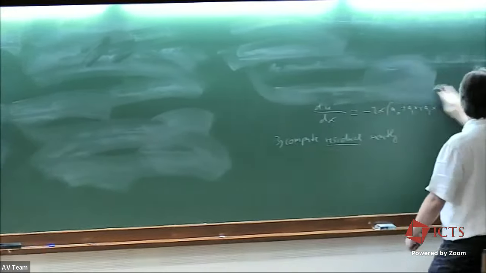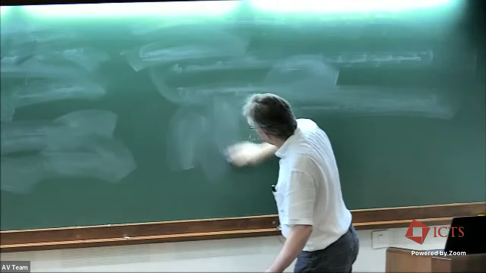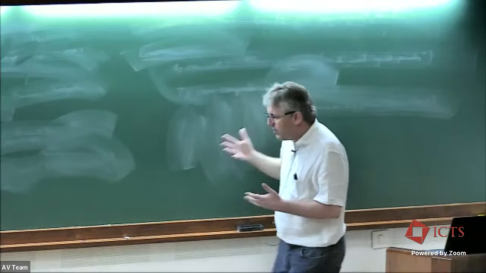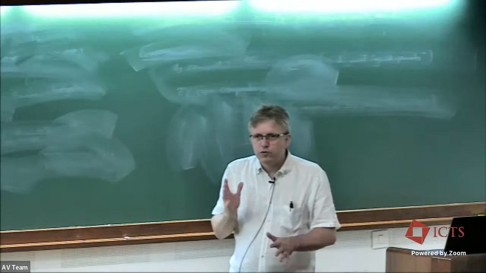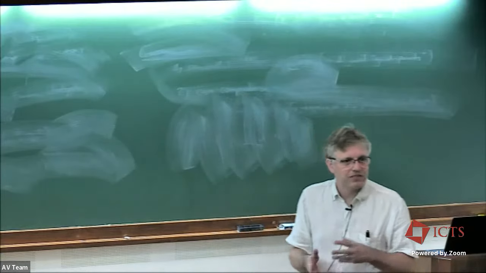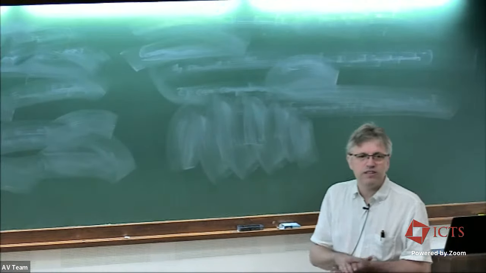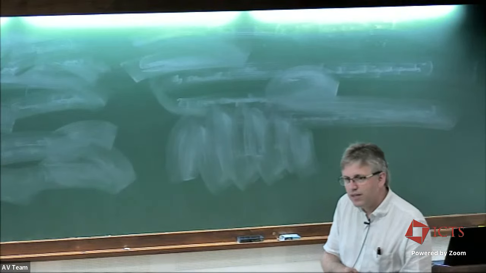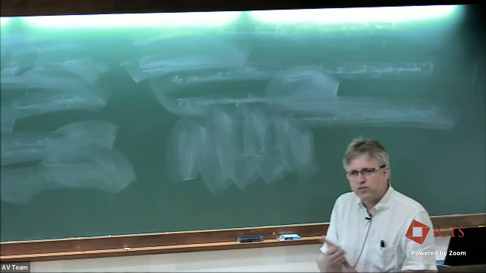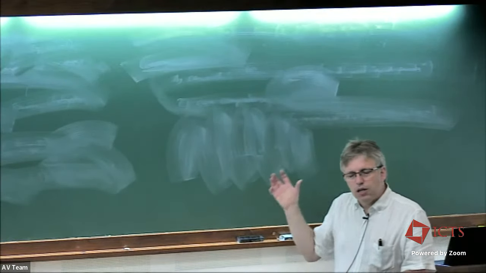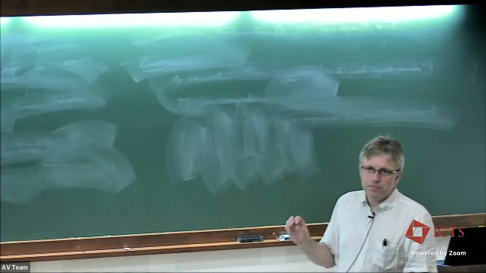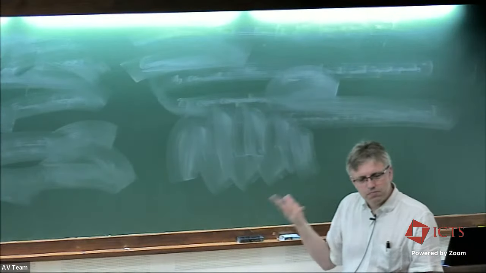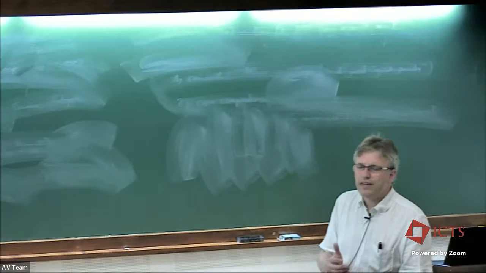So perhaps I should have said all of this before I'm erasing the blackboard, but we now have already come up with a few of the very important questions we need to address in the rest of this lecture and in the coming days. One of the questions was what boundary conditions to use, and I've already told you Taylor series isn't good, but what else to use and why?